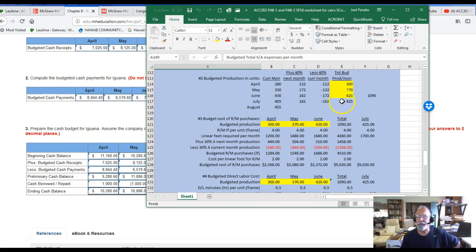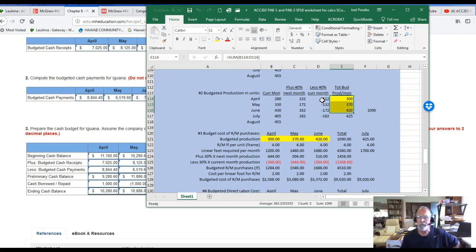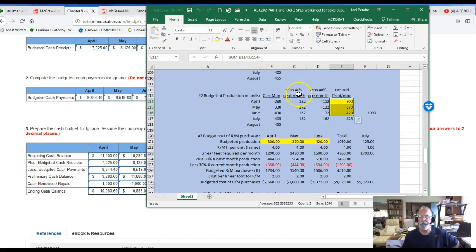What I did do is I highlighted the production data for April, May, and June that starts out in this calculation, where we adjust for 40% of next month's sales and 40% of the current month's sales, just as we did in problem 8-1, to come up with budgeted production for April, May, and June.